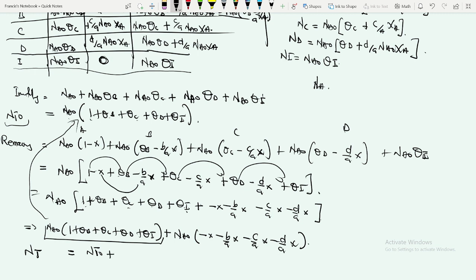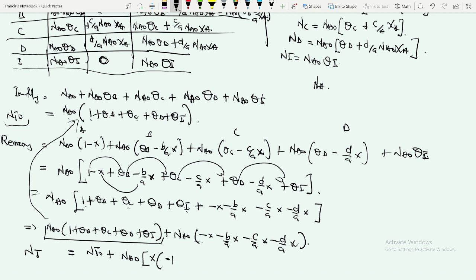So now let's come to this part. We have Na naught multiplying the whole of this. We can still factorize X out from this. And when we are factorizing X out, we are going to get negative 1, right?